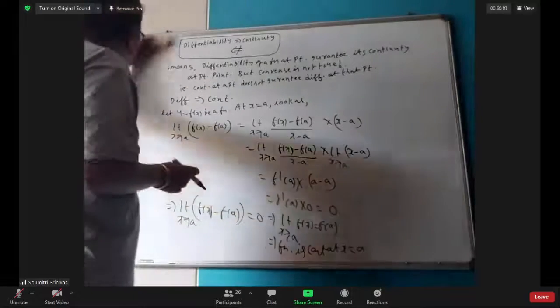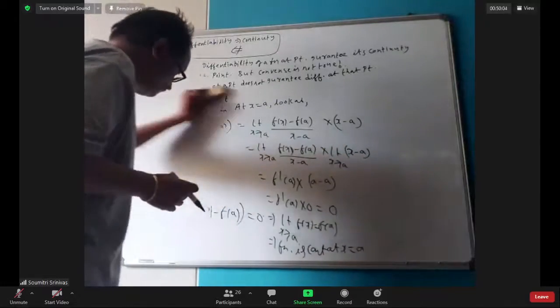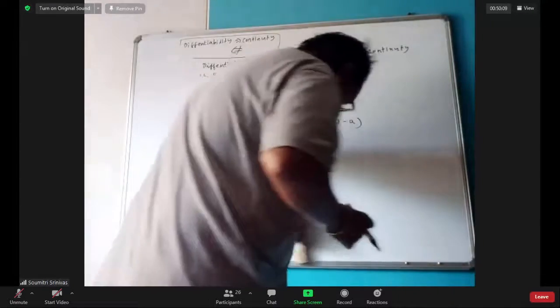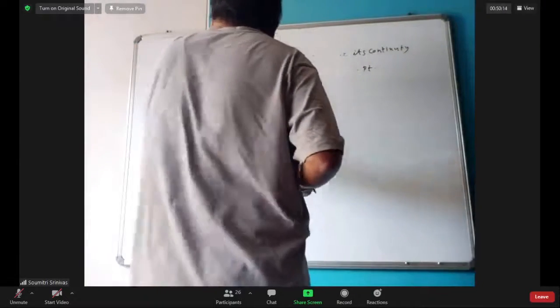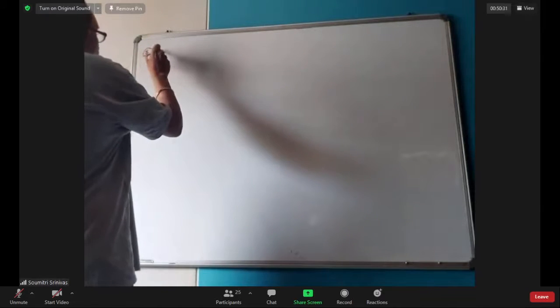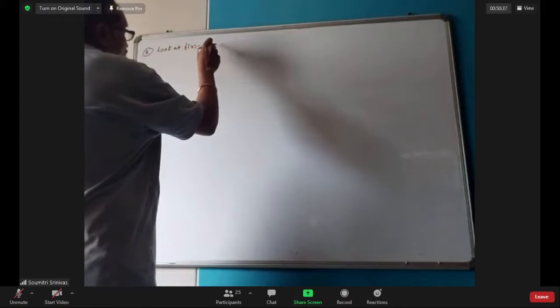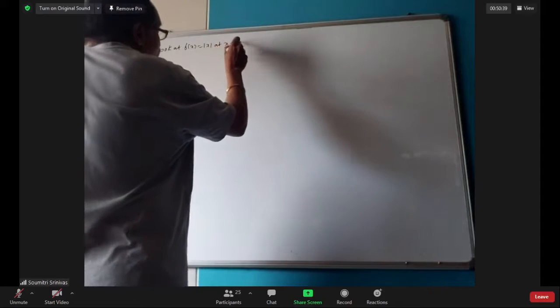What am I trying to say here? Look at f of x is equal to mod x at x is equal to 0.